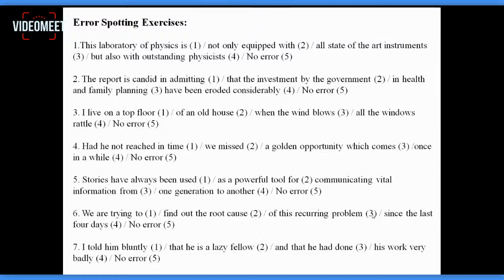Have been is used with subjects that are plural in nature, whereas has been or has is used with the subjects that are singular in nature. Since we're talking about a single report, since we're talking about the investment and not investments, we would be using has here instead of have been, right? Subject verb agreement.